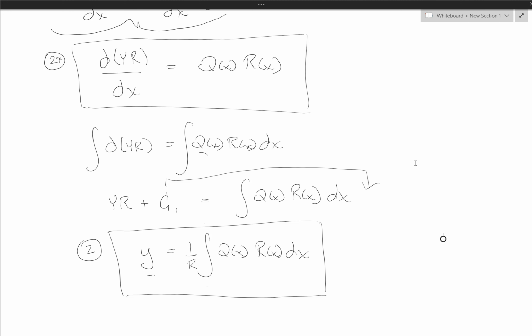Okay, so this is how we derive the formulas that we use. Now we're going to use these formulas to solve problems. So let's take a look at some examples. All right, so let me go here.